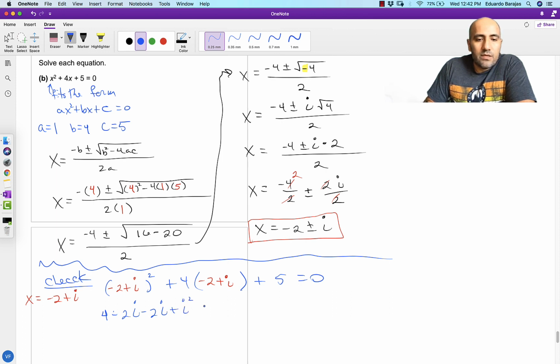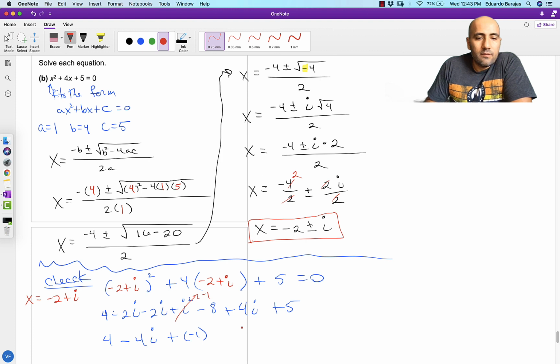When I distribute these, I'll get a negative 8 plus 4i plus 5. So I get a 4 minus 4i plus a negative 1. i squared is negative 1. Minus 8 plus 4i plus 5.